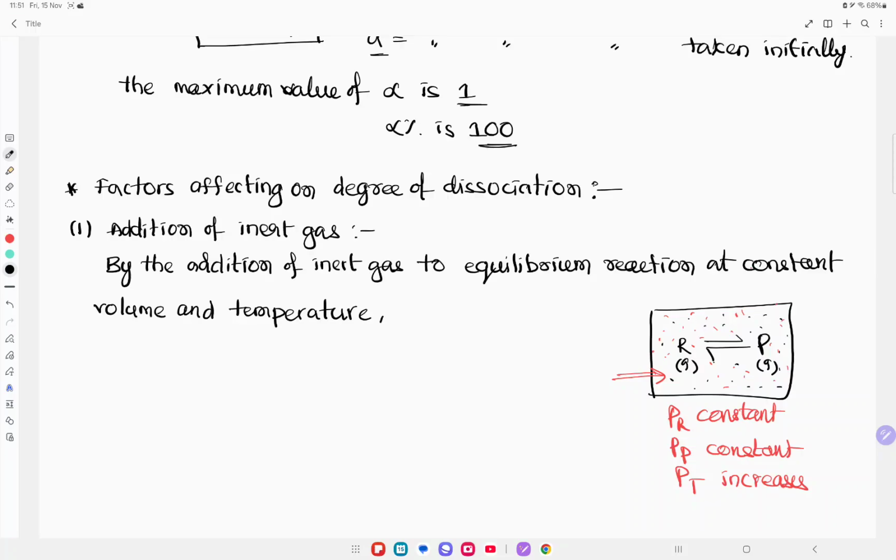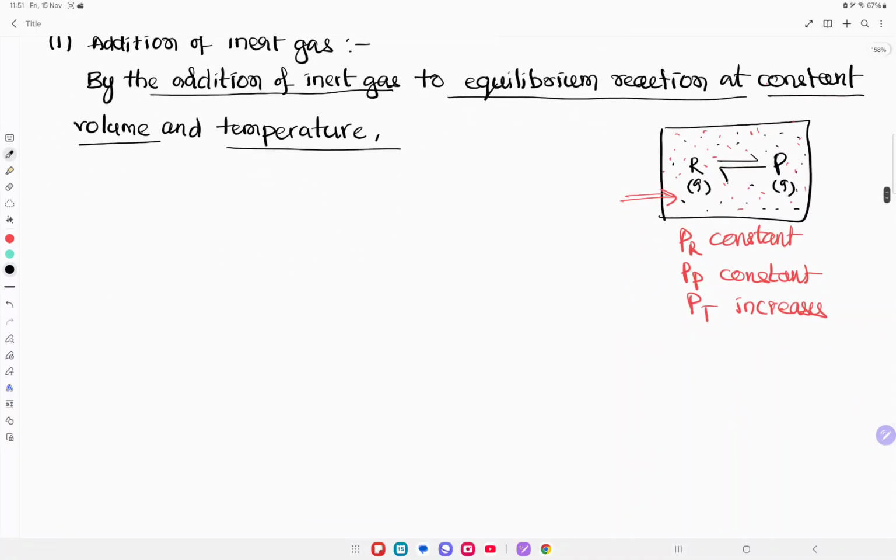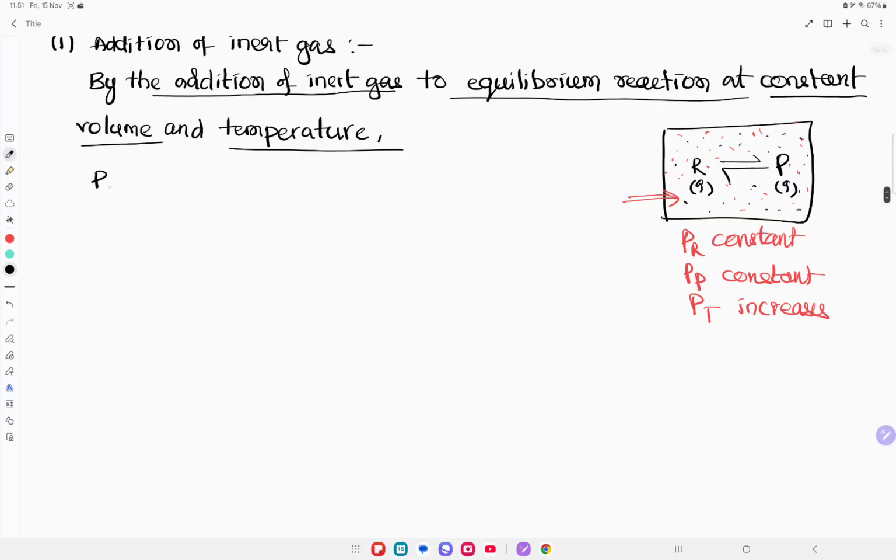That means by the addition of inert gas to equilibrium reaction at constant volume and temperature, total pressure increases. That is my point.